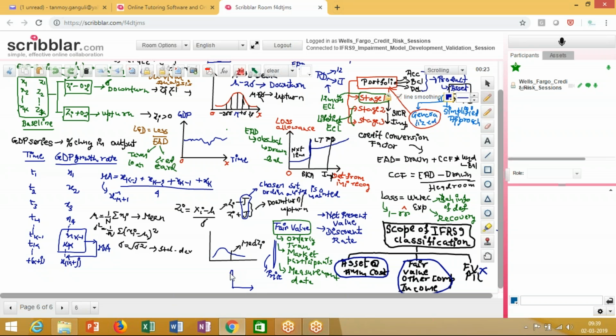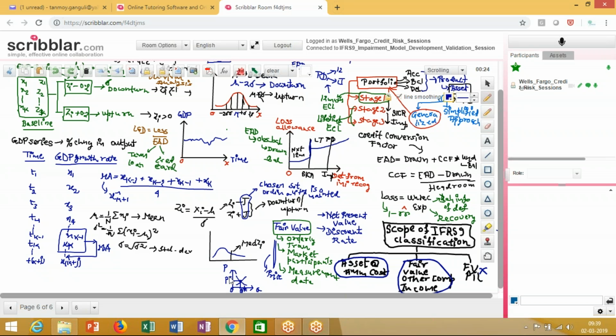Given the market situations, you have your zero, you have your output Q over here, you have your price over here. This is your demand for the asset, this is your supply of the asset, and this is your market clearing price, which is your Q star, and this is your P star.